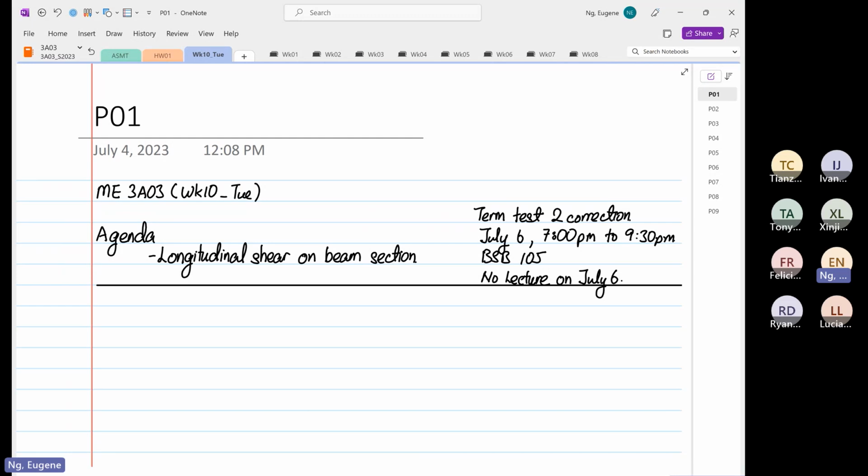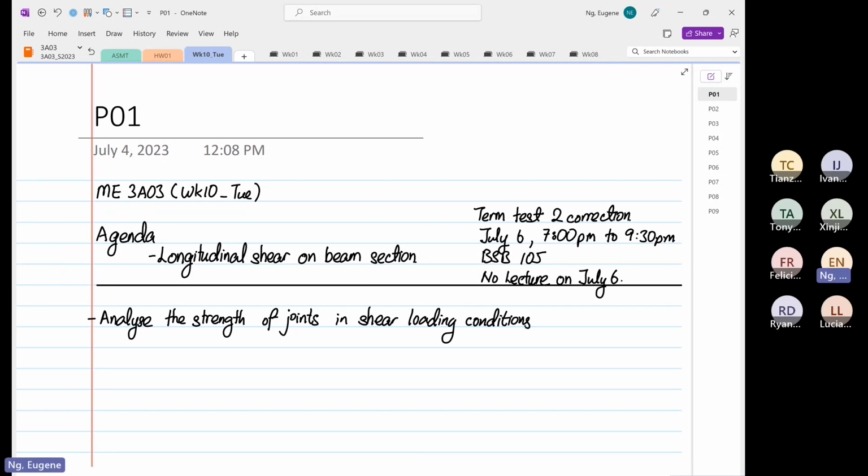Okay. So today, as I said, it's the last section on shearing stress. And we are going to analyze the strength of joints in shear loading conditions.